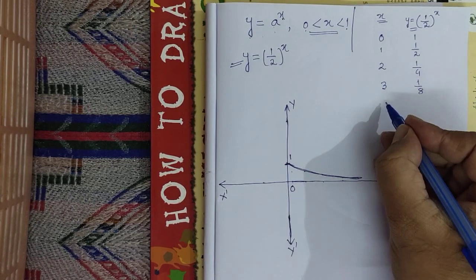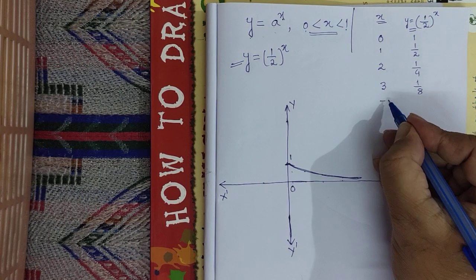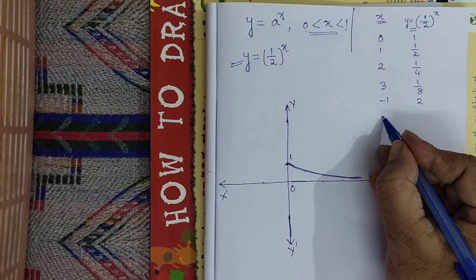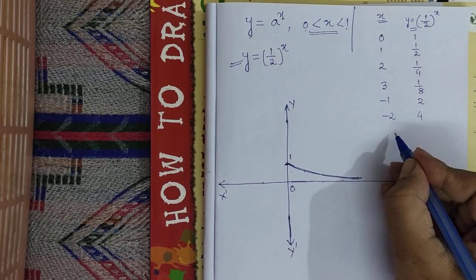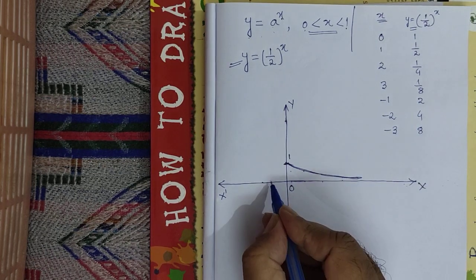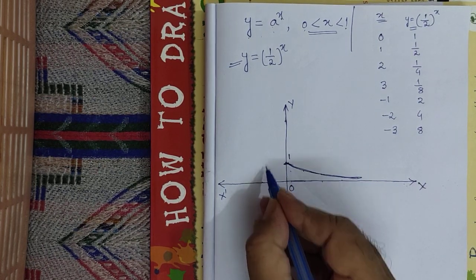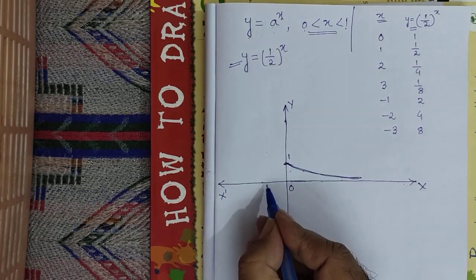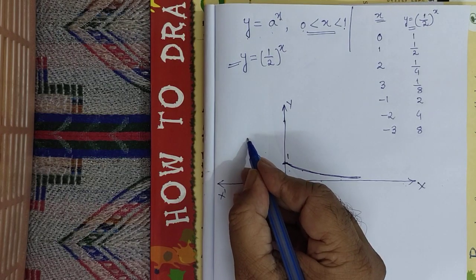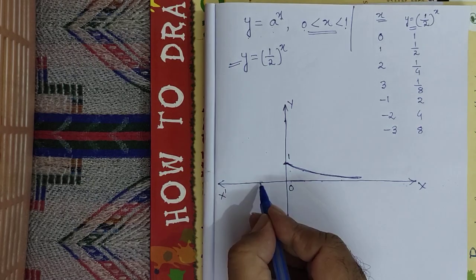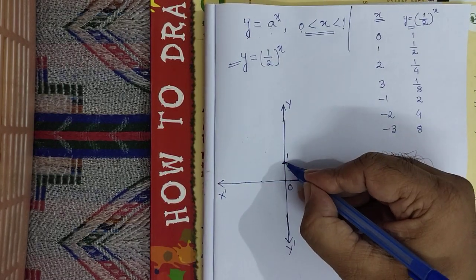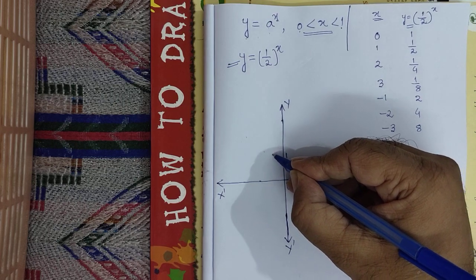Now I would take the negative values. For example, I take minus 1, you would get 2 here. I take minus 2, you would get 4 here. I take minus 3, you would get 8 here. See, when I take minus 1, you get a value 2. When you take minus 2, you would get 4 here. It's going up. You take minus 3, you get 8, again a bigger value. So in this way, the graph takes this trend.